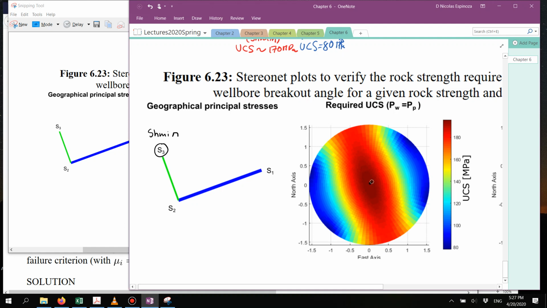So that would be a wellbore that starts vertical and goes into its final orientation to be here horizontal. And as it goes from vertical to horizontal, it's going to go through this path in the orientation.